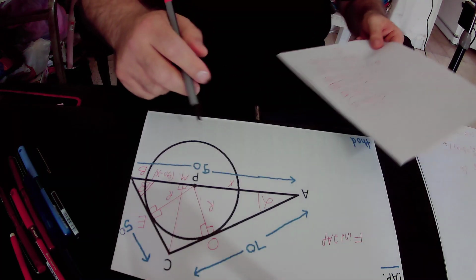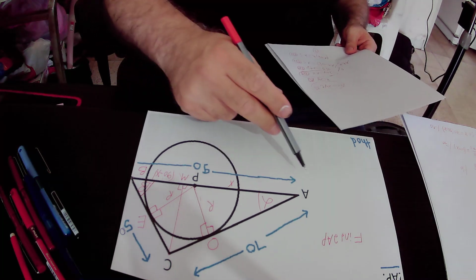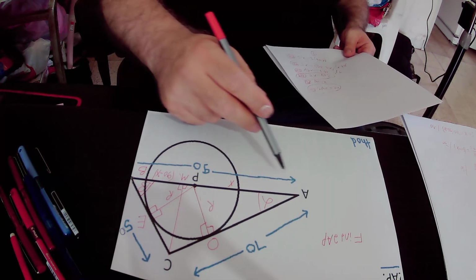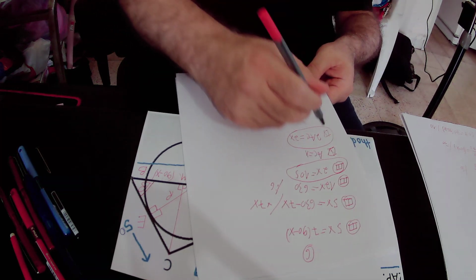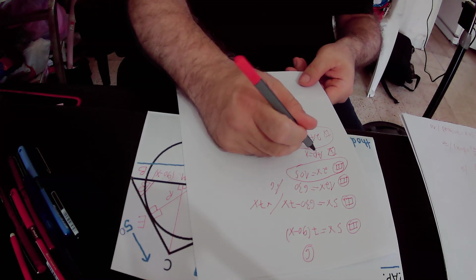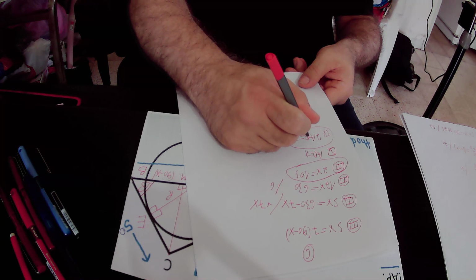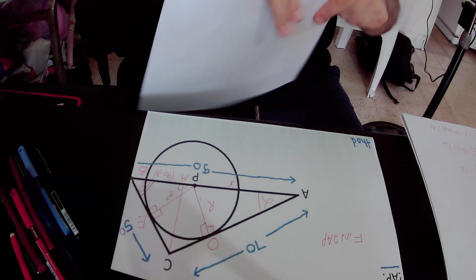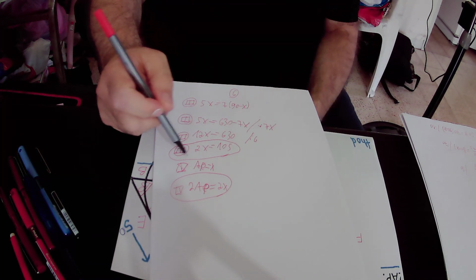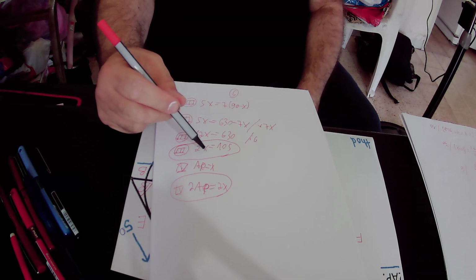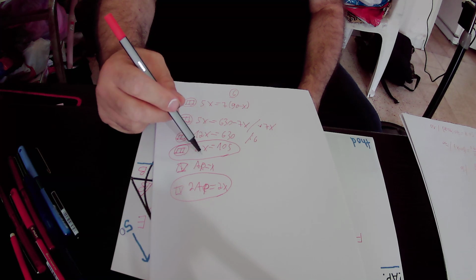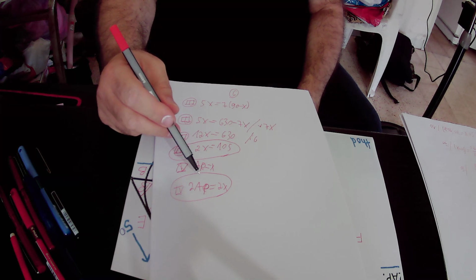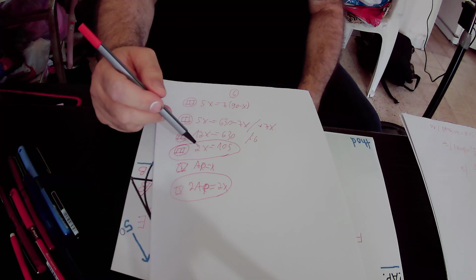So according to our definition, AP equals x, that will be the fourth equation. If AP equals x, 2 times AP equals 2x.